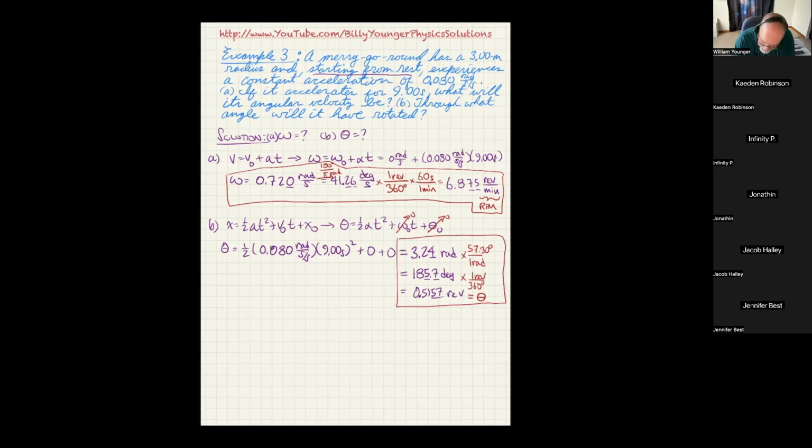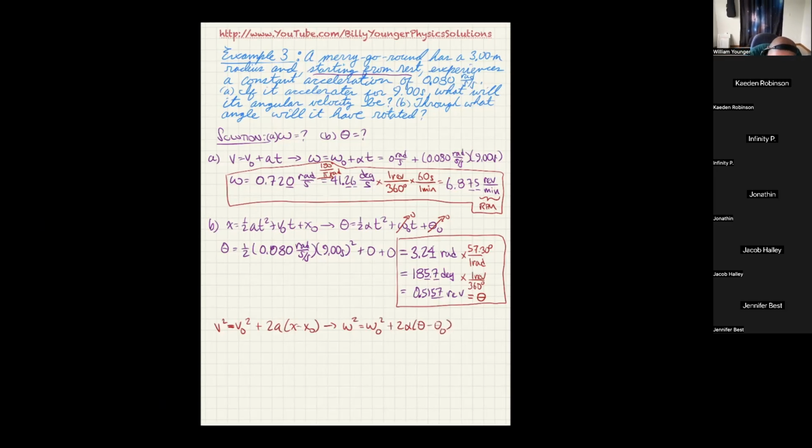Now, a good check is to see if one of your other equations might have actually been good. So what I do know is that v squared is equal to v0 squared plus 2a times x minus x0. That's one of our kinematic equations. Therefore, I should be able to use a rotational analog, which apparently would be omega squared is equal to omega 0 squared plus 2 alpha times theta minus theta 0.